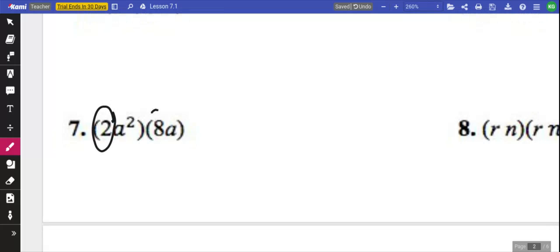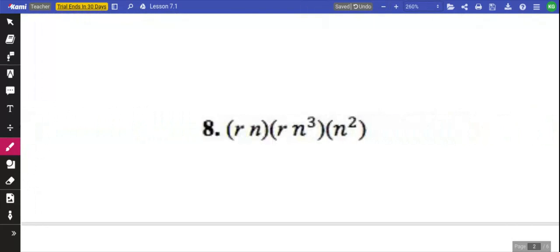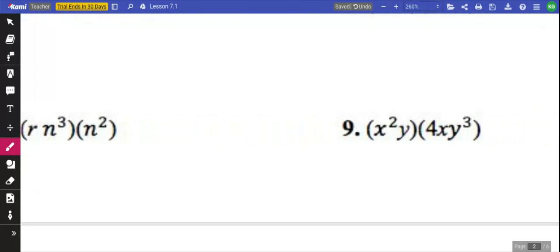On this one, I have 2 coefficients here, 2 and 8, and there's no symbol in between my parentheses, so I know those are being multiplied. And then I have a to the second, a to the first, so 16a to the third. On this one, my only coefficient is 4, and then I have x to the third, y to the fourth.